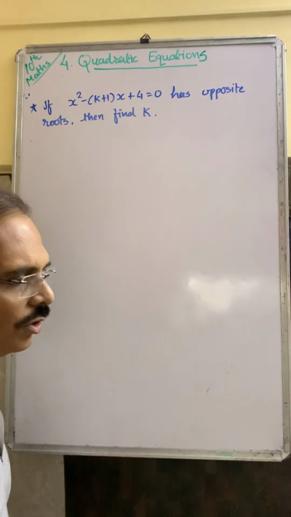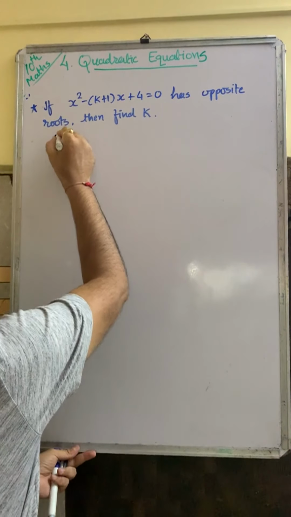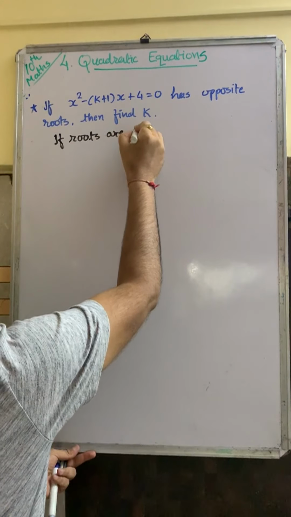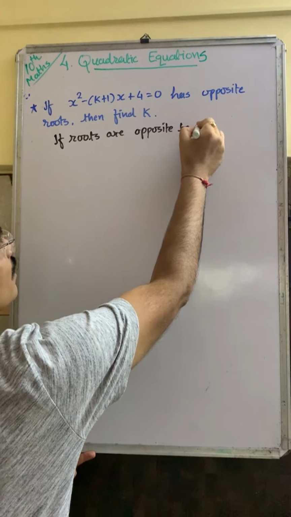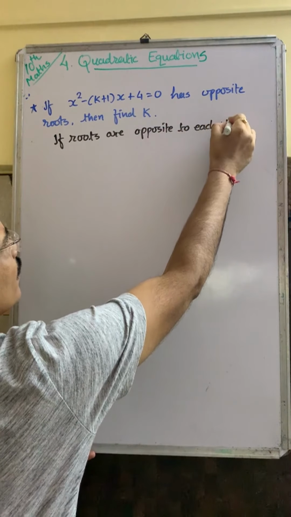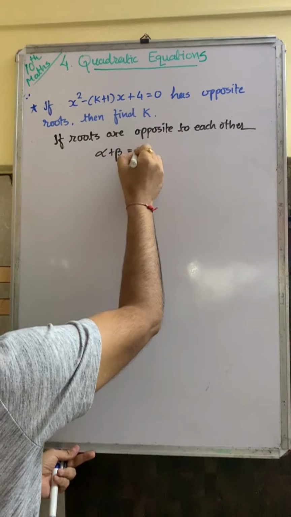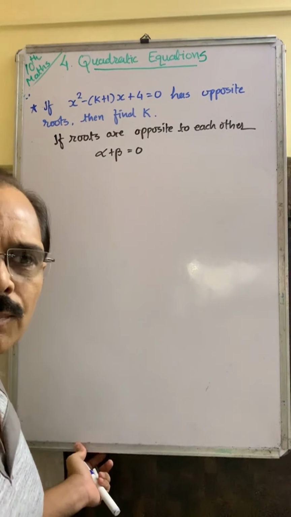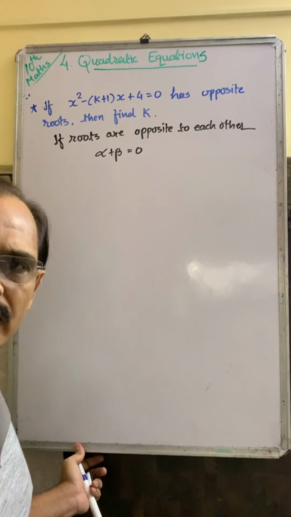See, if roots are opposite to each other, I can write alpha plus beta equal to what? 0. As I told you, if you take alpha plus 5, beta is opposite to it, that is minus 5.